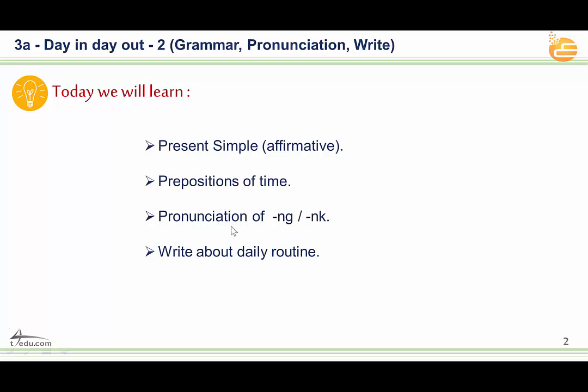The third thing, pronunciation of ng and nk at the end of the word. So it means, at the end of the word when we have ng and nk, how can we pronounce each one of them? The fourth one, write about daily routine.